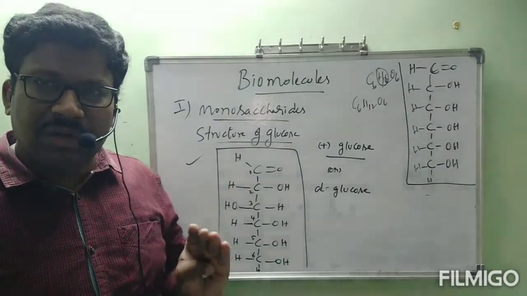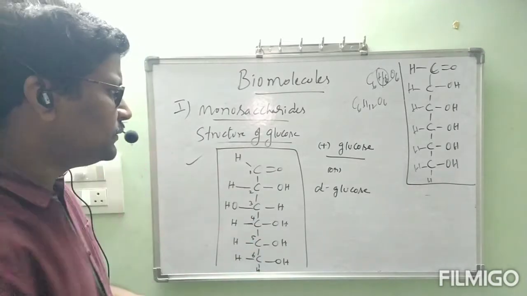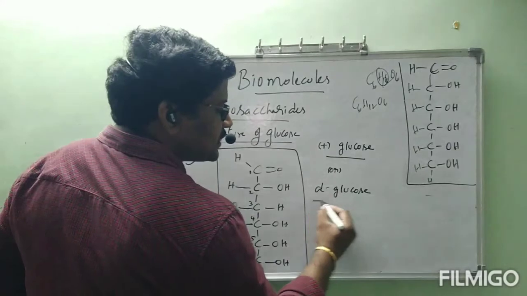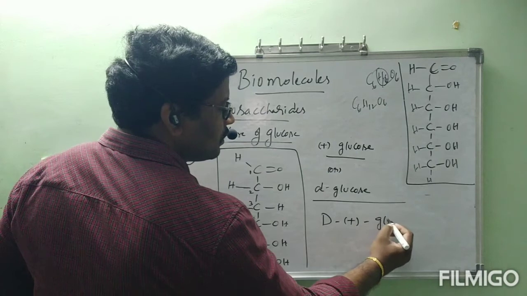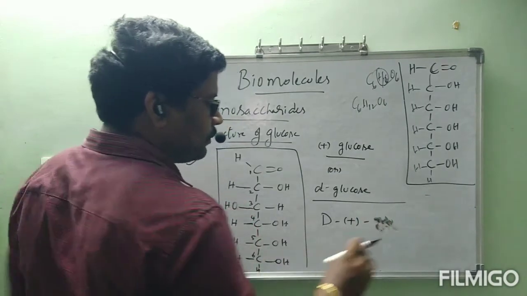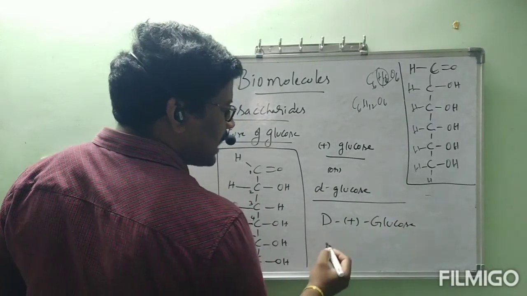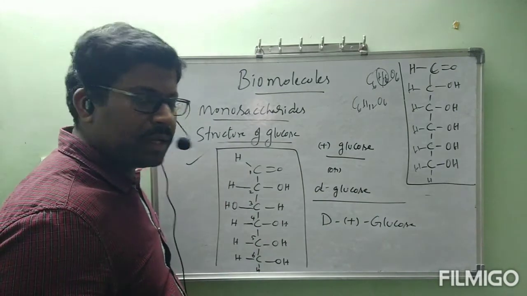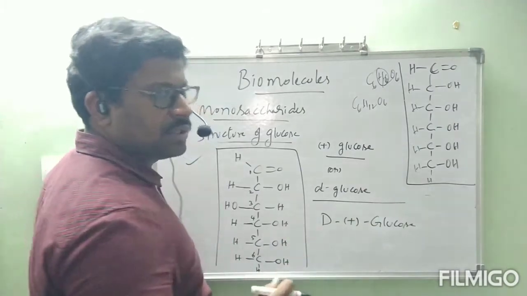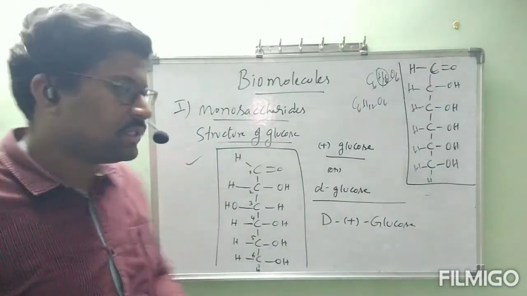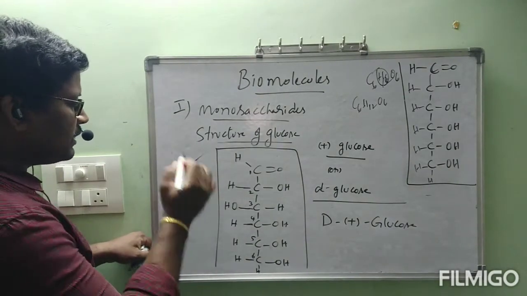Now, some further data is there regarding the structure of glucose. We will continue with the representation of glucose as capital D plus glucose. Writing the name of the glucose as capital D plus glucose, here we will get two types of representation: small d small l representation and capital D capital L representation.